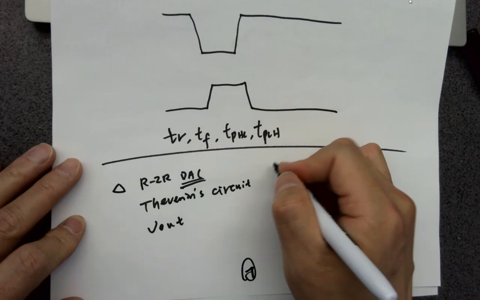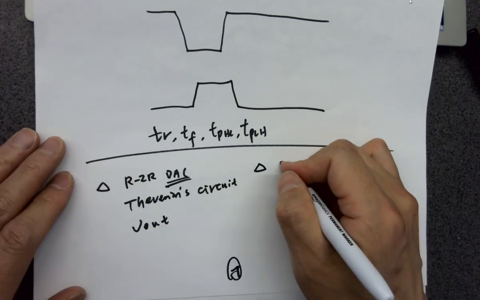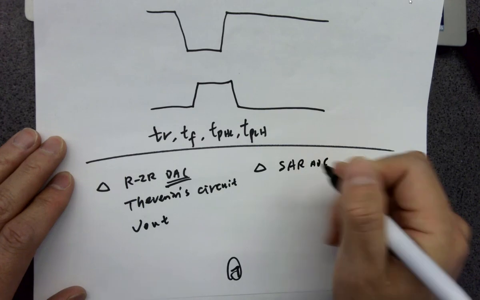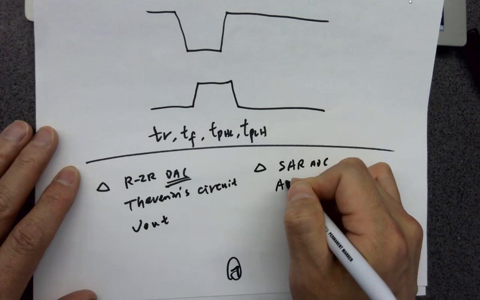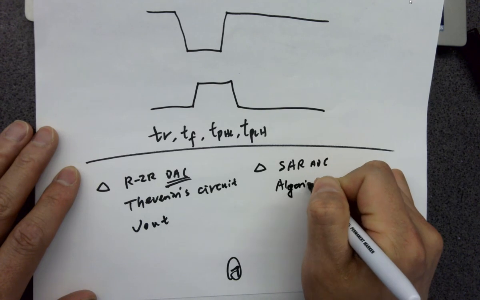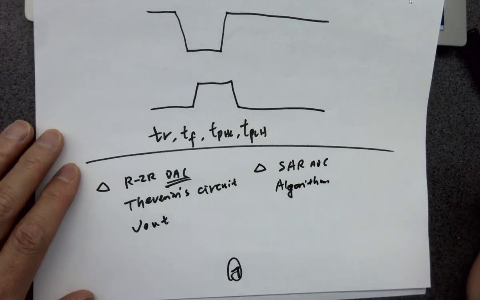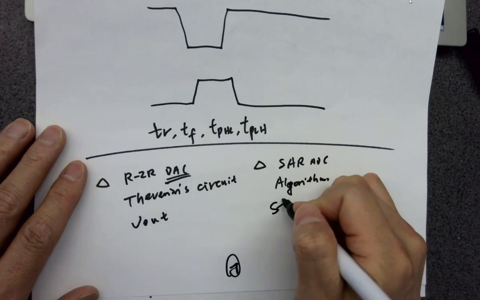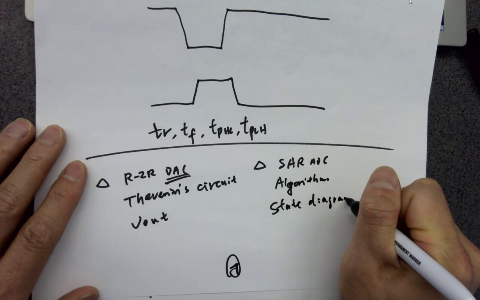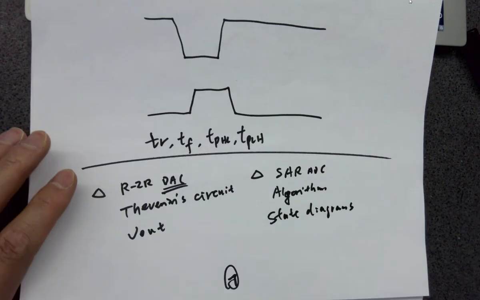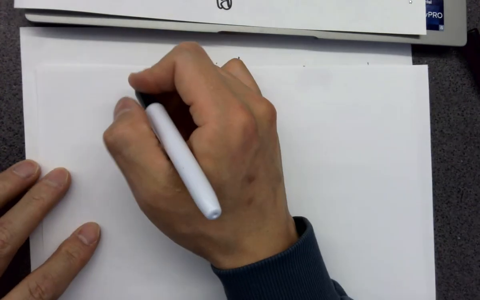Okay, there's another question: the Star ADC algorithm, the state diagrams. Also the C5 layers.